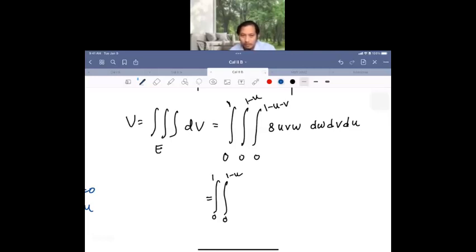So 8uvw, or w squared, I will divide by 2. And then w squared is 1 minus u minus v squared, and then dv du.